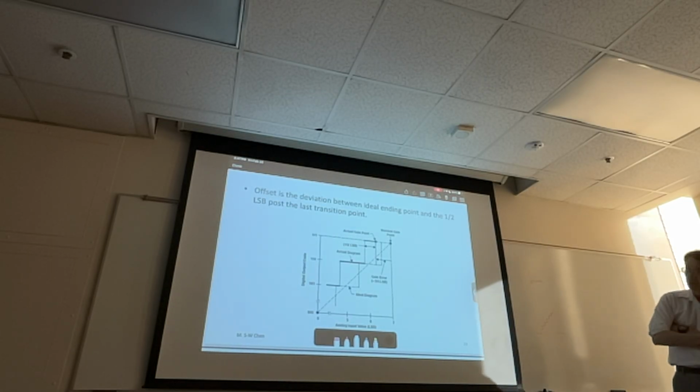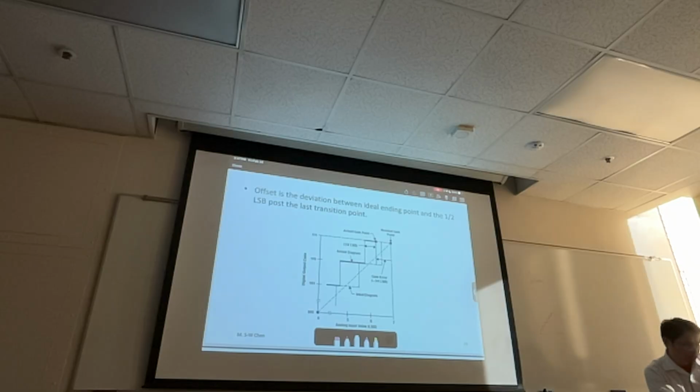But the bottom line, the way I see it, if you have this as the ideal transfer function and you have gain error, that just means you will go up or go down. Offset error means you will shift this left or right.